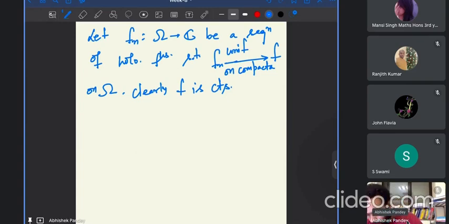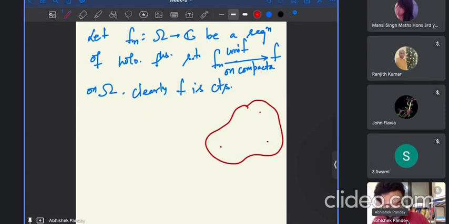So what we are going to do is, let us say this is the domain Omega. Maybe some points are removed or not there. Let us consider a disk, whatever disk you can take in Omega.